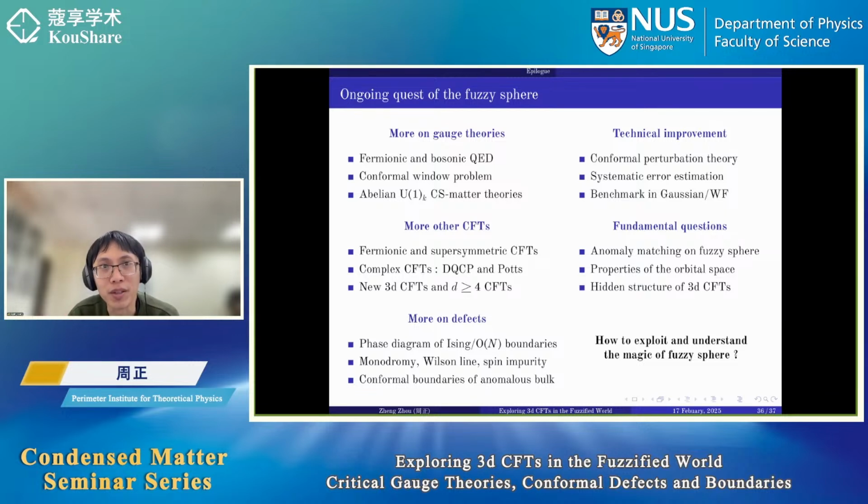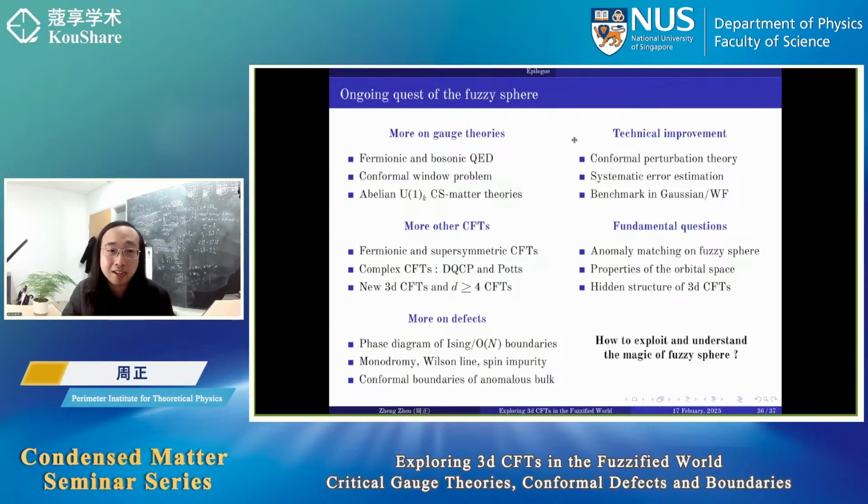The reason I ask is because there might be some other type of critical behavior that's not really described by conformal field theory, but maybe some other algebraic structure that could emerge. So what is the key that makes this fuzzy sphere approach work?